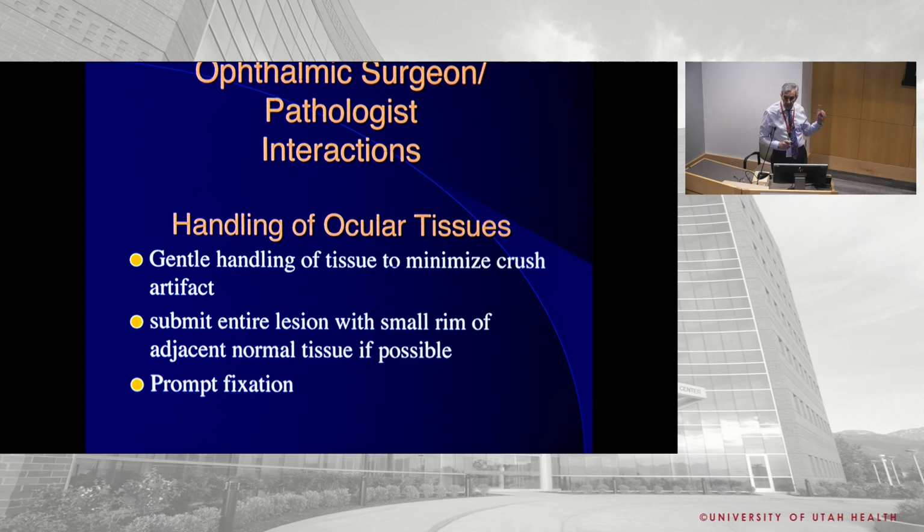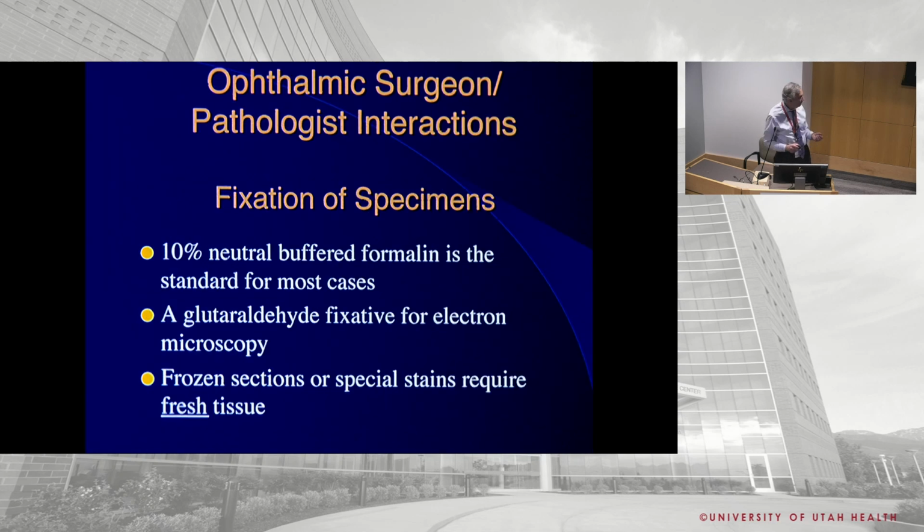Then fixation: you want to fixate it promptly. For the vast majority of cases we use 10% neutral buffered formalin, that's standard. If you want to do electron microscopy, which is very rare but sometimes we do it, you want a glutaraldehyde-based fixative. Again, talk to us and we'll get it to you.